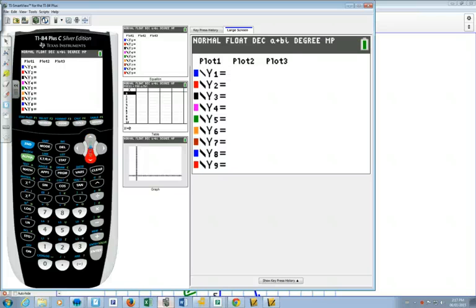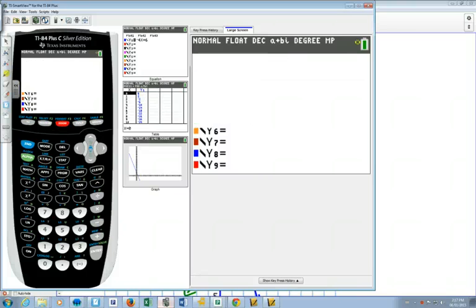My blue graph was negative 4x plus 6. I'll go down to green. My green graph was, and you can put the decimal in or the fraction, 2.4x.